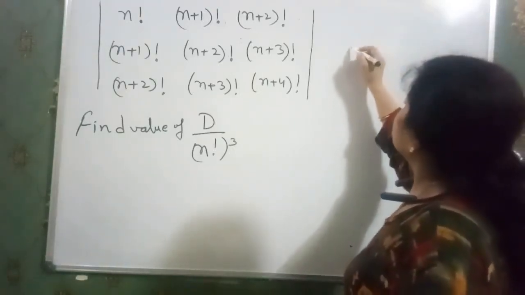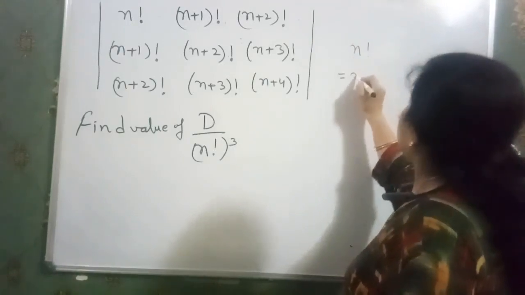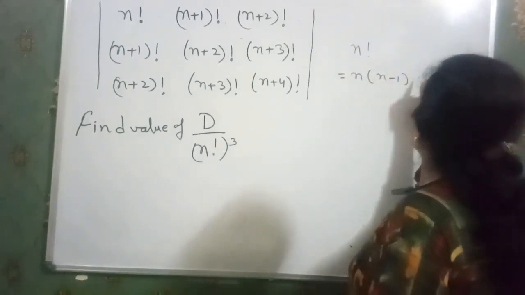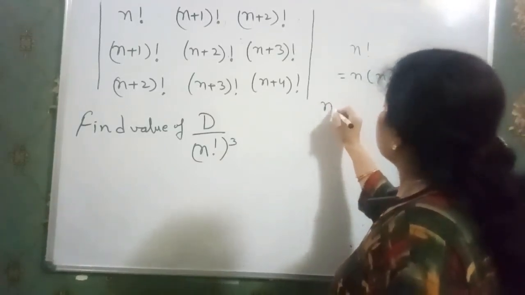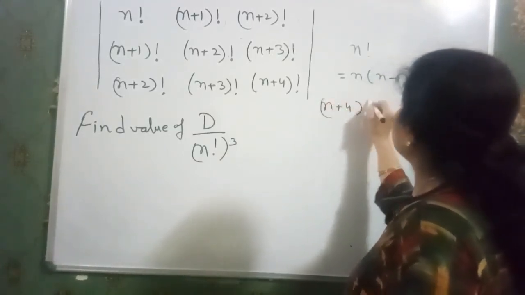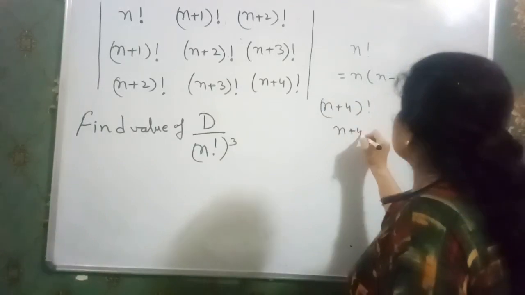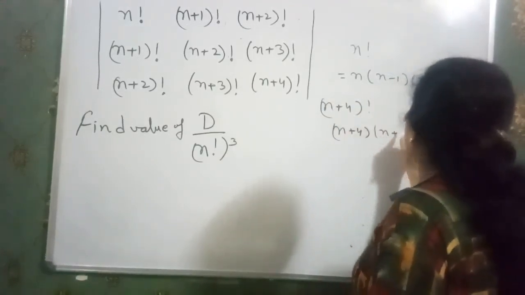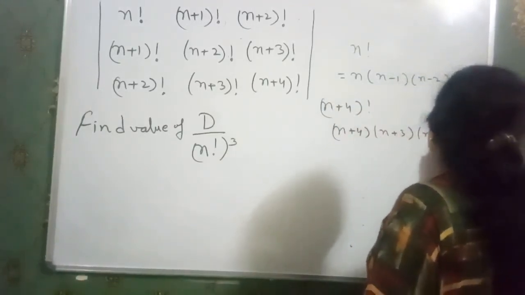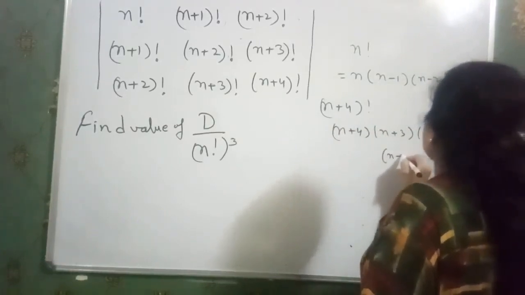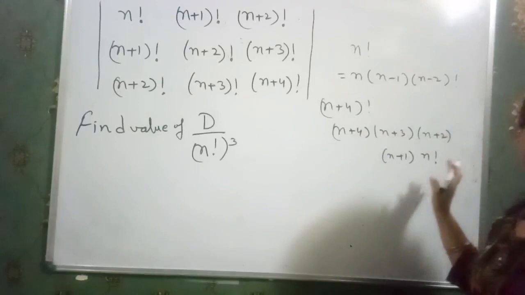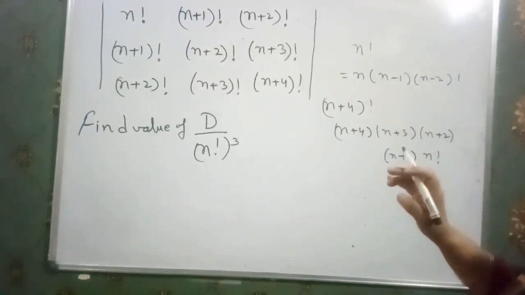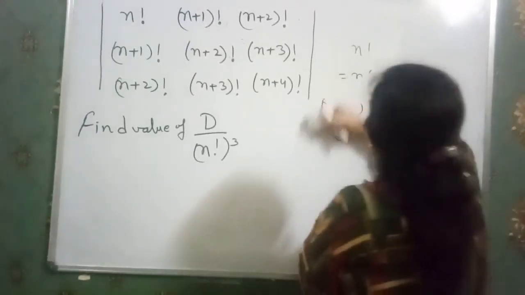If we know factorial n is equal to n times n minus 1 times n minus 2 and so on, and for example, if we have n plus 4 factorial, what does it mean? n plus 4, n plus 3, n plus 2, then n plus 1, then n factorial. In this way it goes on. Okay, this is the basic concept. With the help of this I am going to solve now.